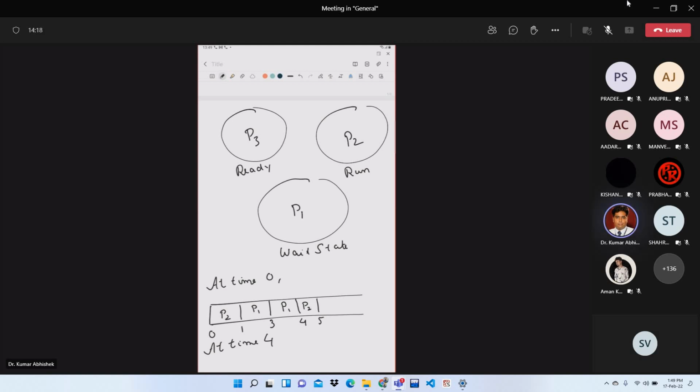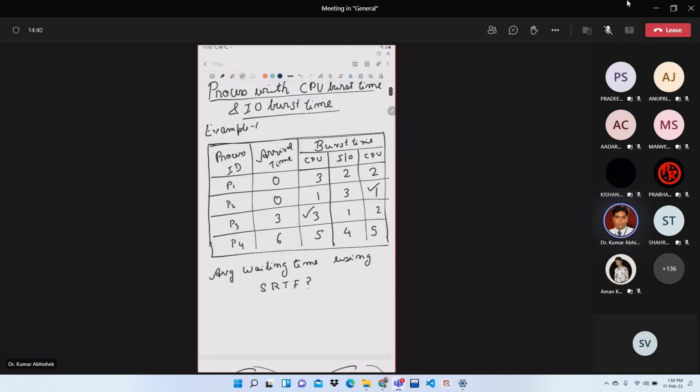Now, what happens at time 5? At time 5, P2 is finished. P2 will be terminated. Is anything left for P2?